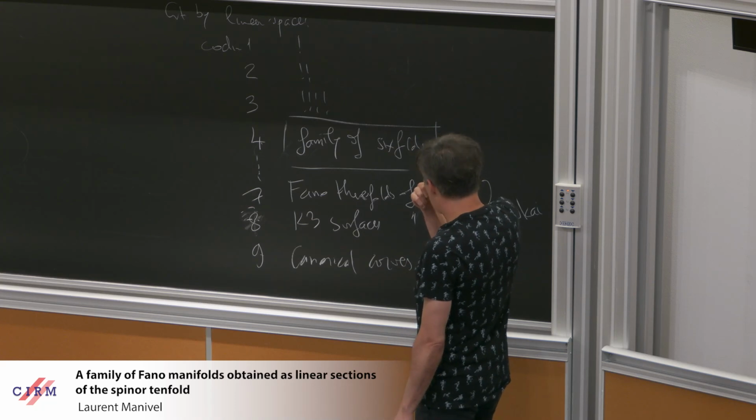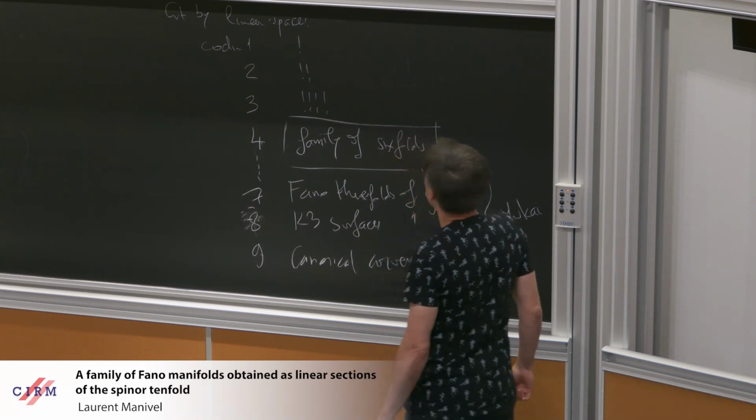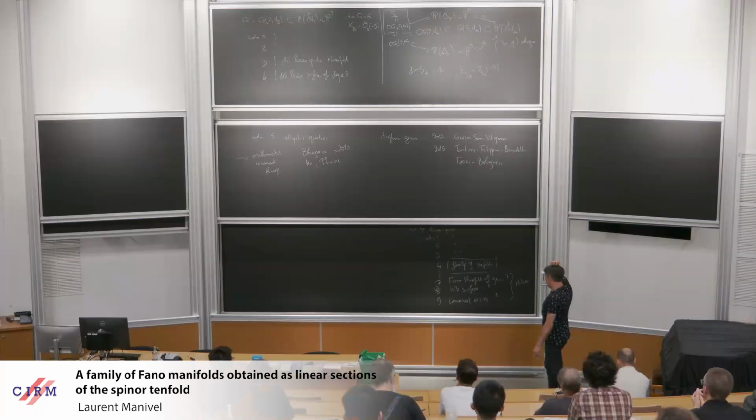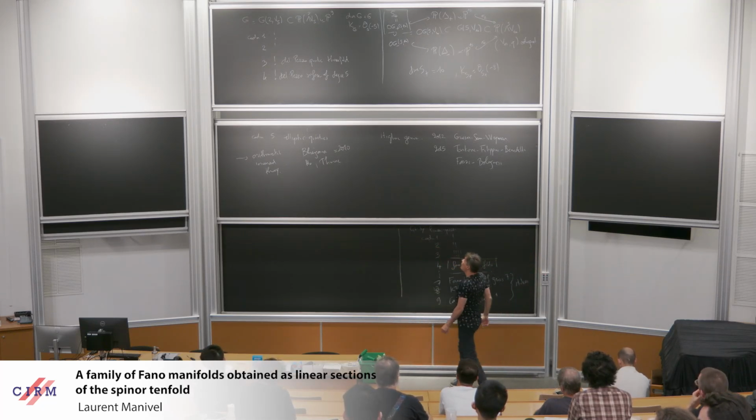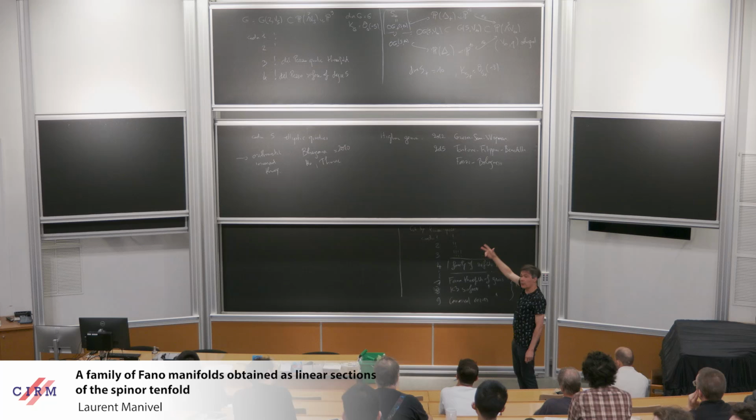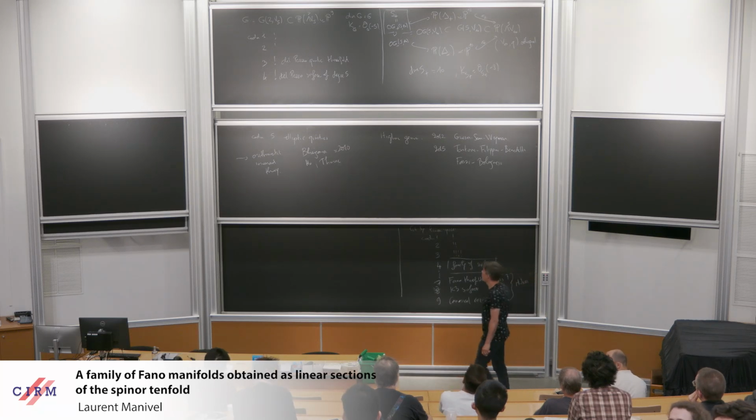Okay. So another common feature of my two varieties is their equations. So for the Grassmannian, you know the Plücker equations.